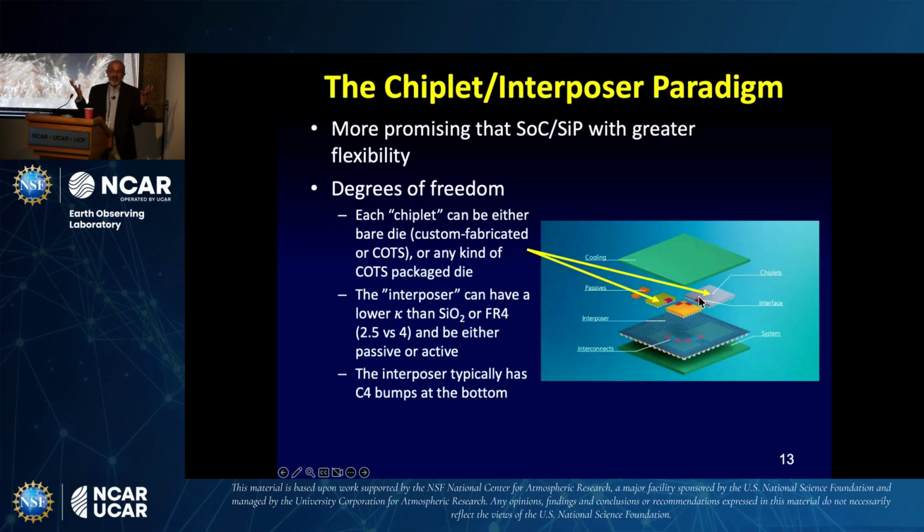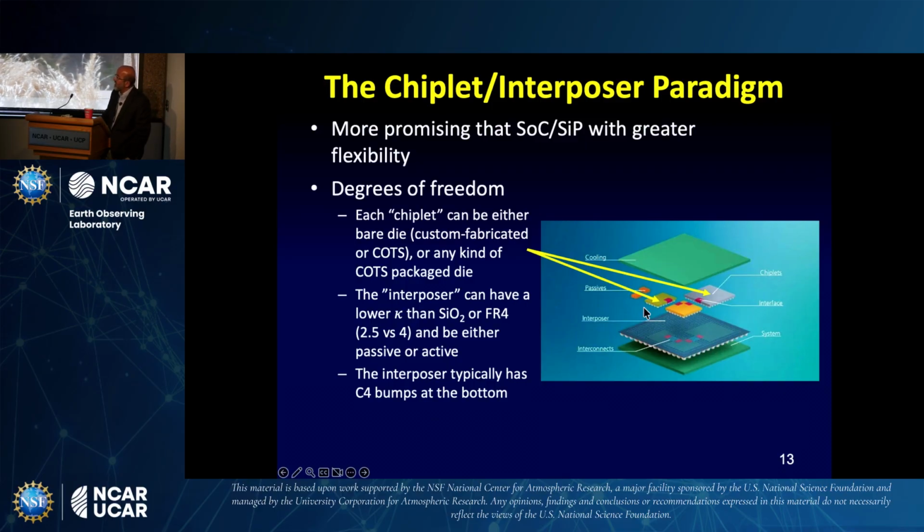What's a chiplet, right? A chiplet is essentially a chip, which is a piece of silicon that I can either fabricate myself, so I go to a foundry and say, give me this chiplet with this functionality. Or I can get it off the shelf. I can just buy it from DigiKey, right? One of these chip vendors.